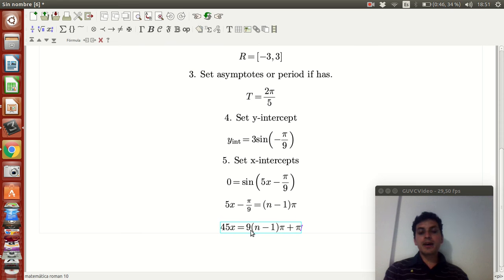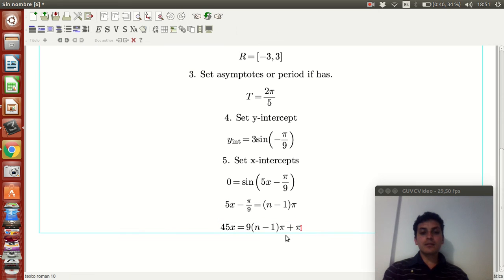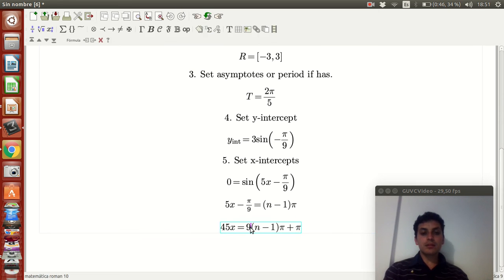And if I simplify, we have 9n pi plus pi. So pi is a common factor. Attention, you're not adding pi plus pi here because pi is multiplying, so it's a common factor. So 9n plus 1.